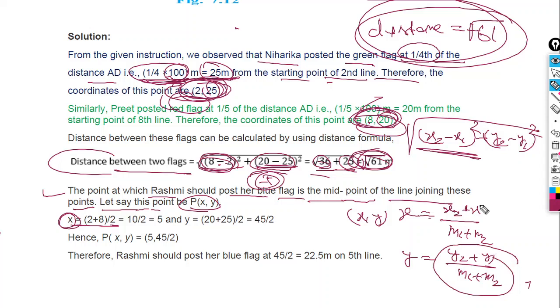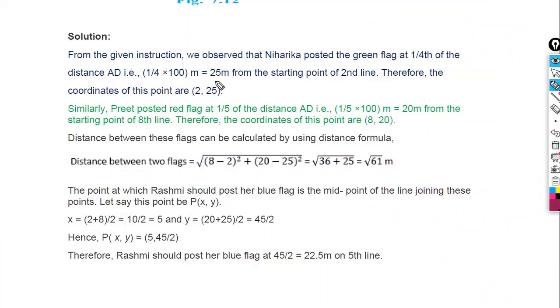This is the special formula, if you remember, where m1 equals m2 equals 1. Now x2 plus x1, where you can see the coordinates here. So 8 plus 2, or 2 plus 8, divided by 2. Why divided by 2? Here m1 equal to m2 equal to 1, so 1 plus 1 will be 2.